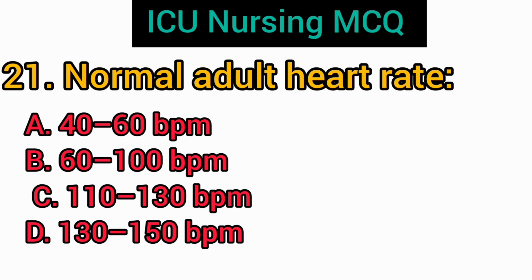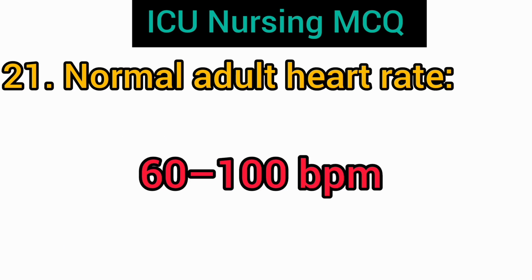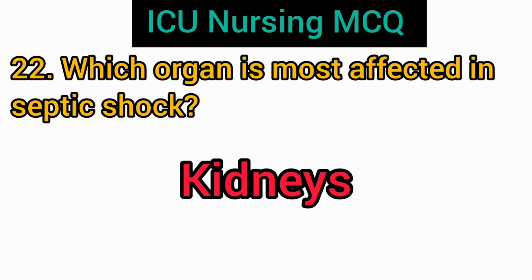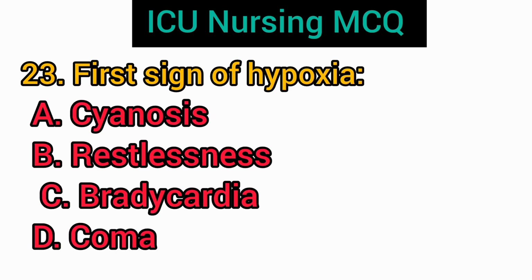Normal adult heart rate. (60 to 100 BPM). Which organ is most affected in septic shock? Kidneys. First sign of hypoxia.